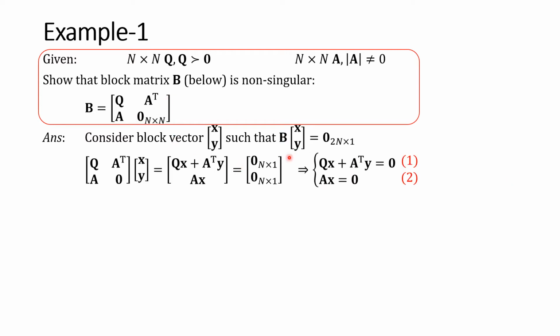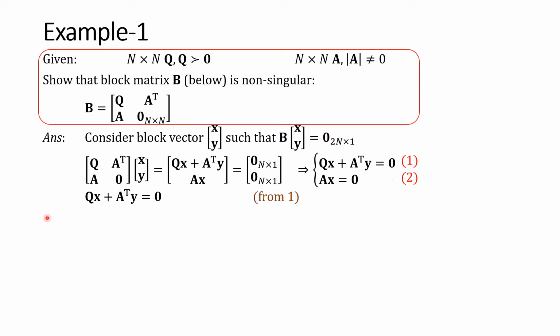So, replacing B with this expression, we get [Q A transpose; A 0] times [x; y], which equals 0, which implies that Qx plus A transpose y equals 0 and Ax equals 0. These are our equations 1, 2.